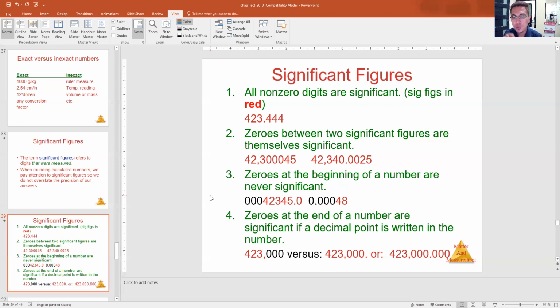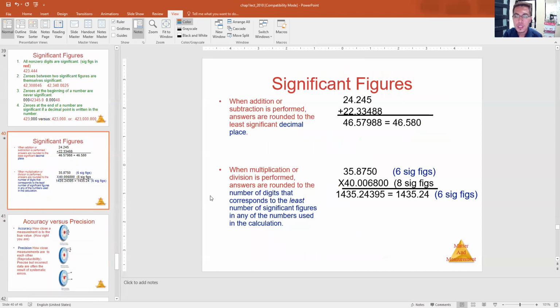So there should be a variation if there is a decimal point. For example, 423,000.000. So you have 9 significant figures for that example. So significant figures, these are the basics.